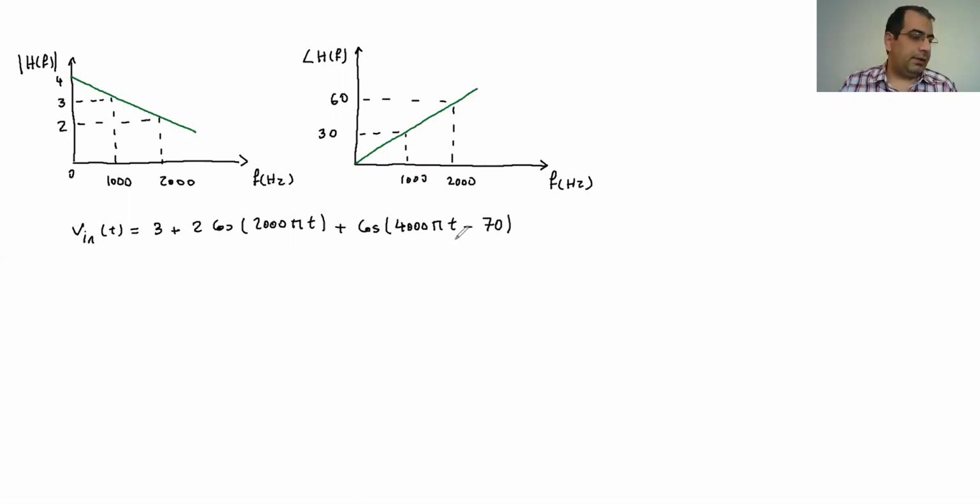So assume this is the input signal, and I want to know, if I pass this input signal through this filter, what my output signal is going to be.